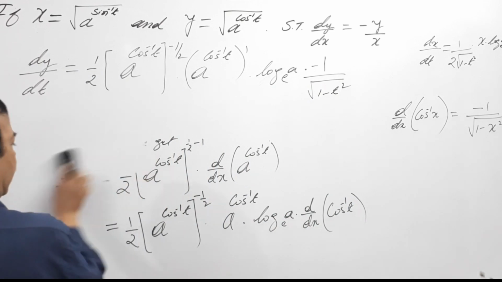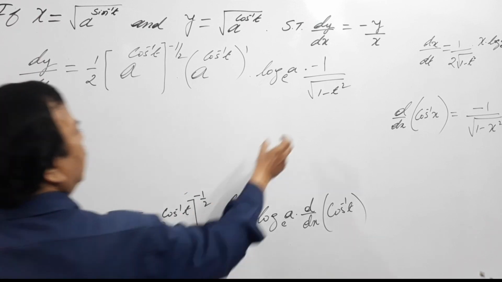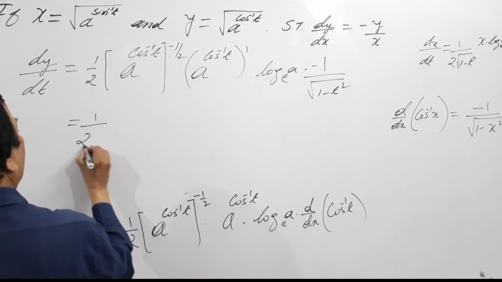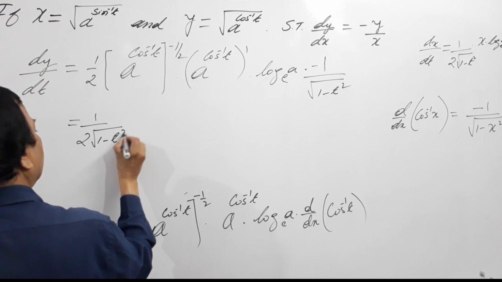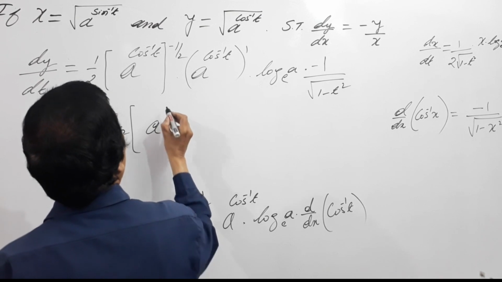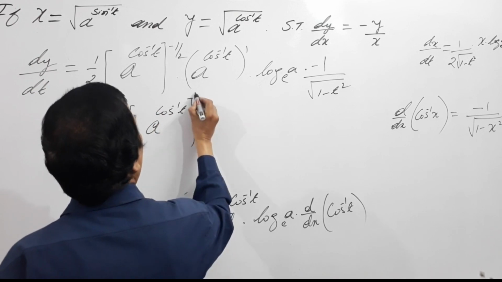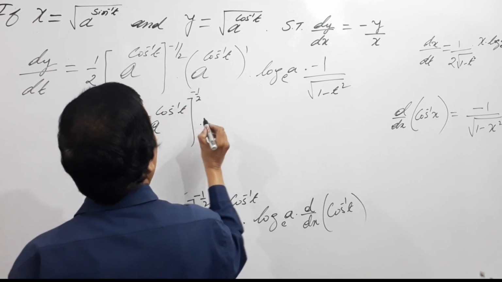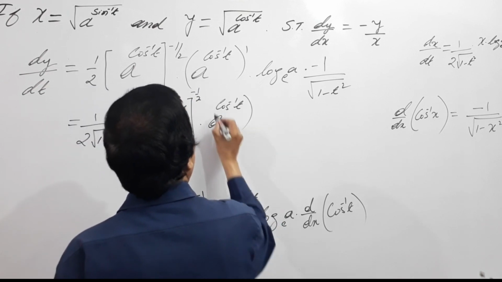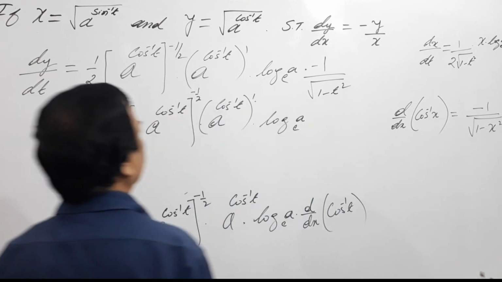So what happens here? I'll bring this here itself. So that equals to half into 1 minus t square. So a to the power of cos inverse t to the power of minus half into a to the power of cos inverse t to the power of 1 into log a to base e.